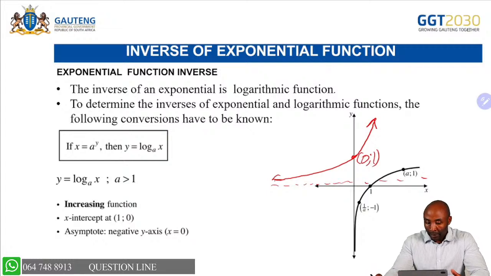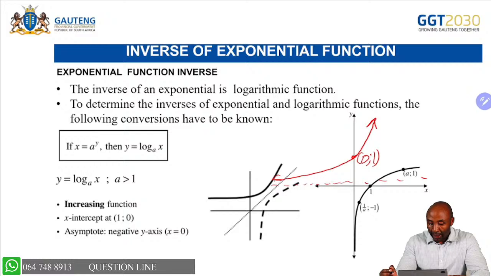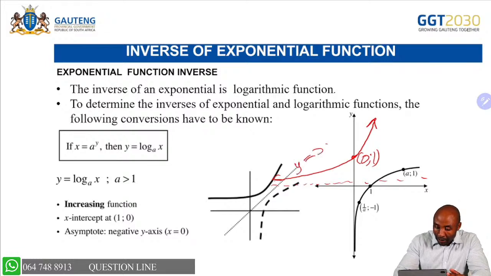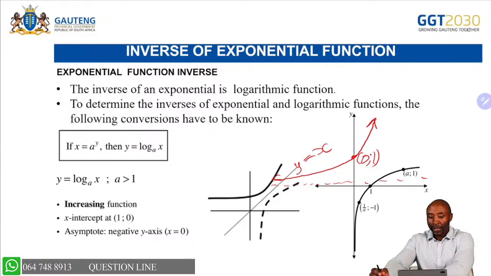Now we are able to see the inverse. The red function is our exponential function, and the black function is the logarithmic function. And we are able to see that the two functions will be a reflection of one another about our line y is equal to x, which is our reflection line when we are always dealing with our inverse. So the dotted line is the logarithmic function, and the solid line is our exponential function.